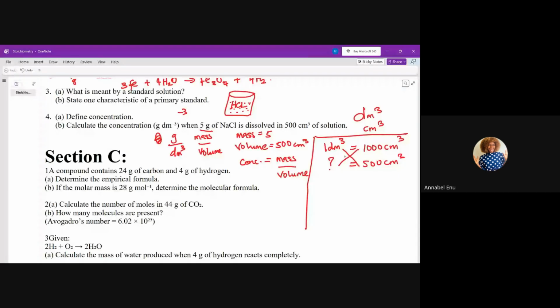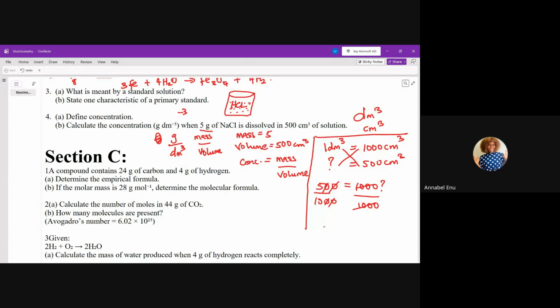Okay, so for us to know how many is 500, if one is 1000, how many would now be 500? We will cross multiply. When we cross multiply, the unknown will multiply 1000, then 1 will multiply 500. So we now have 500 equal to 1000 times the unknown. Since we are looking for the unknown, we divide both sides by 1000. So 0 cancels 0, 0 cancels 0.